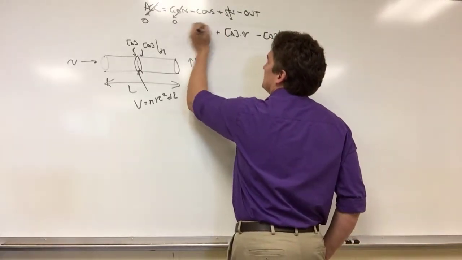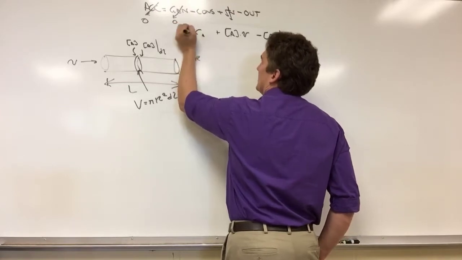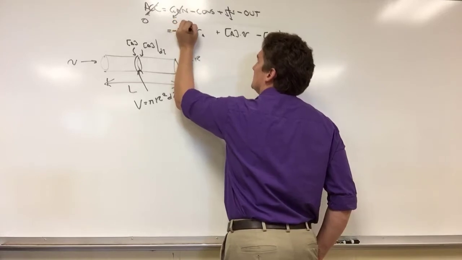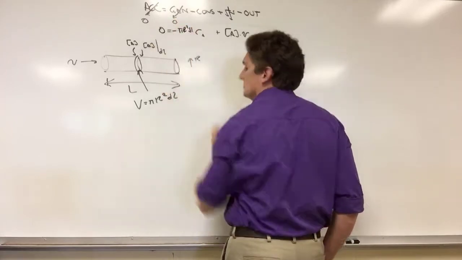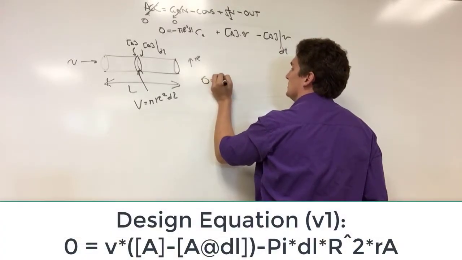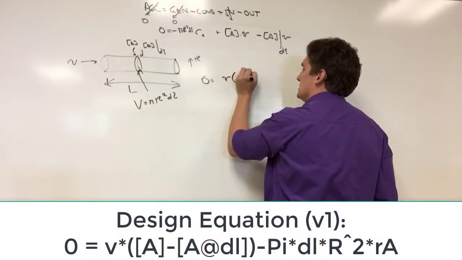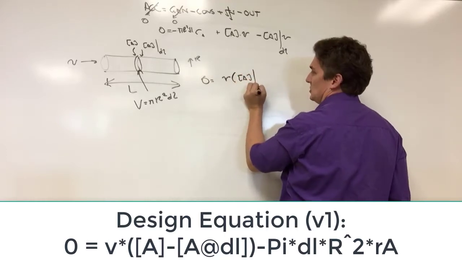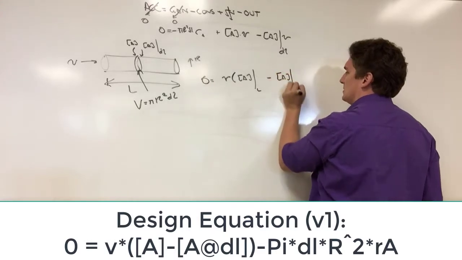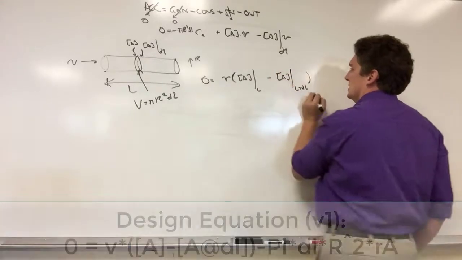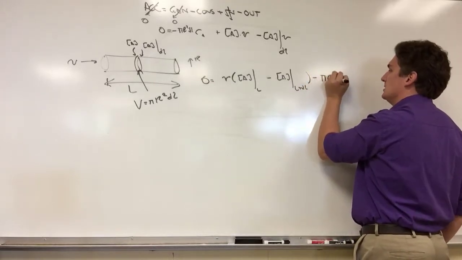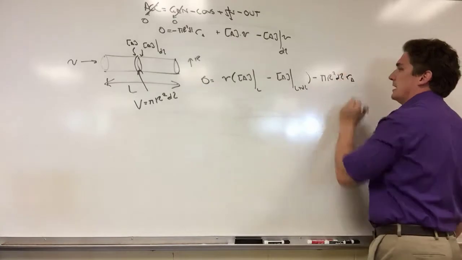Our consumption term here is the rate of reaction r sub A times the volume, which is minus pi r squared dl. So written down a little more cleanly, 0 equals flow rate times the concentration of A before the plug, so we'll say at l, minus the concentration after the plug, at l plus dl, times minus pi r squared dl times the rate of reaction.